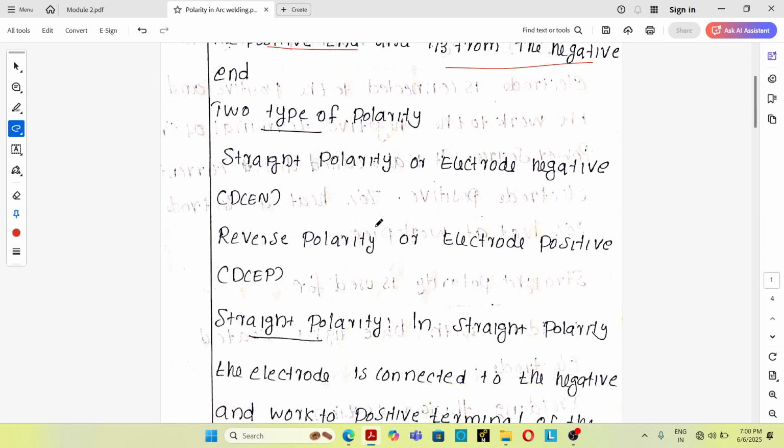There are two types of polarity: straight polarity or electrode negative, DCEN, and reverse polarity or electrode positive, DCEP.